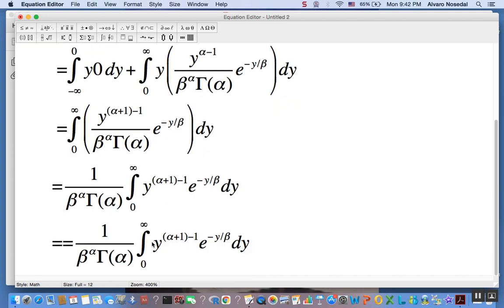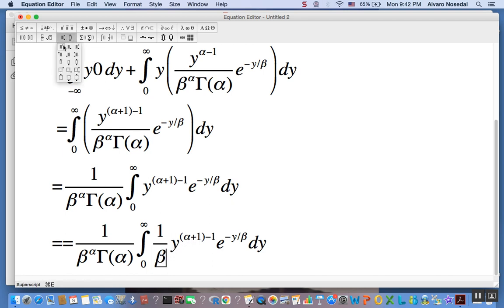So let me do it like this, right? This is 1 over beta, and the power that I need is alpha plus 1. So let me write that down.